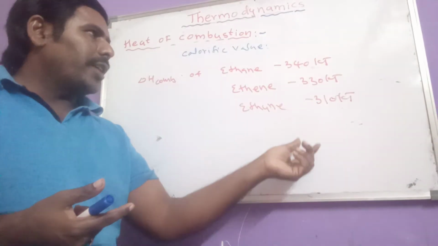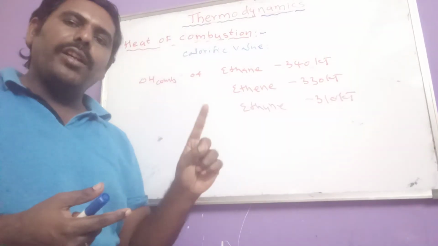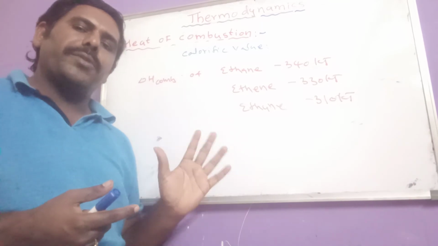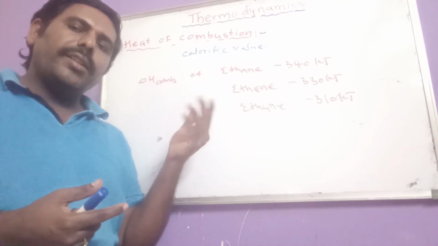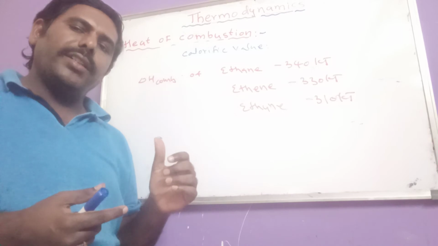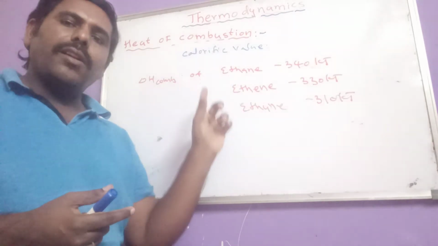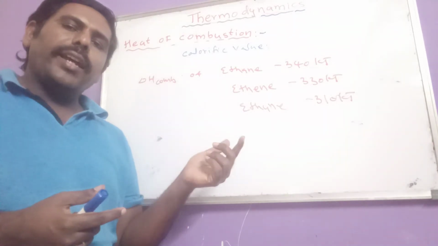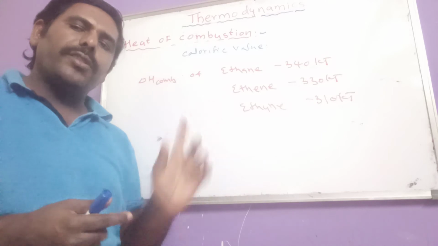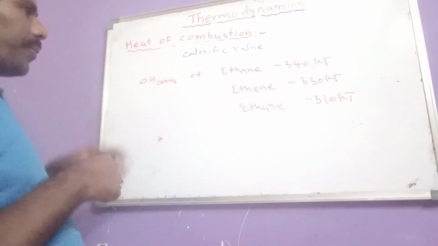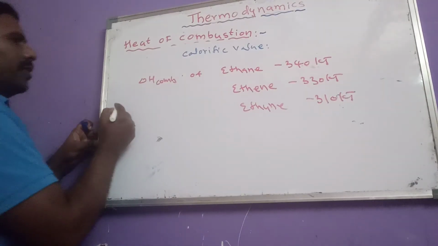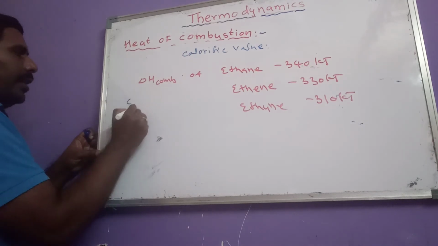These heats of combustion are meant for 1 mole of each substance. 1 mole means the weight is equal to the molecular weight. Now, by using that concept, we have to determine per 1 gram of substance. Let us see the molecular weights of all three substances.